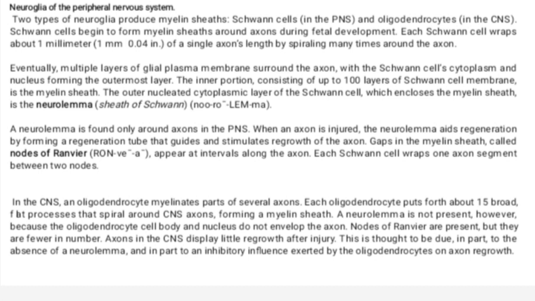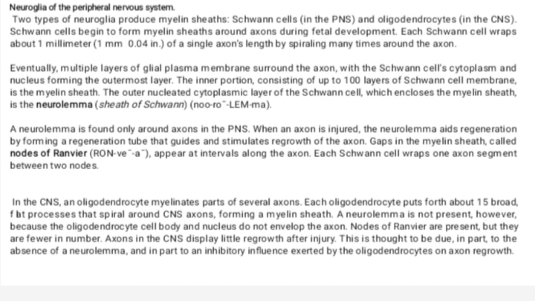The outer nucleated cytoplasmic layer of the Schwann cell, which encloses the myelin sheath, is the neurolemma. The neurolemma is found only around axons in the PNS.